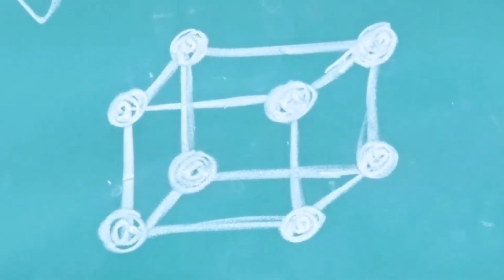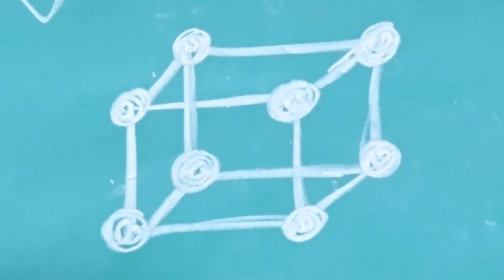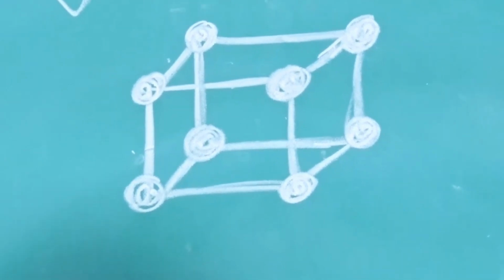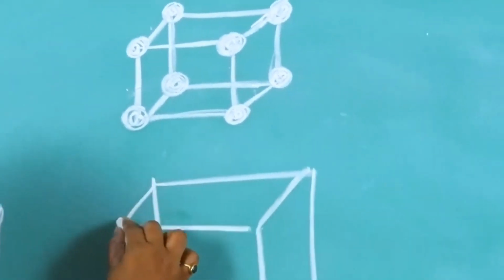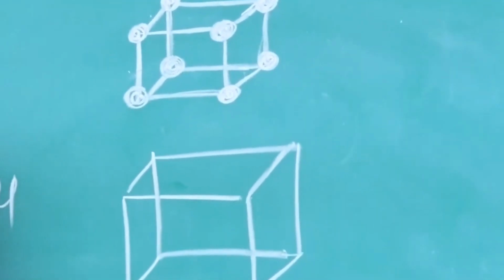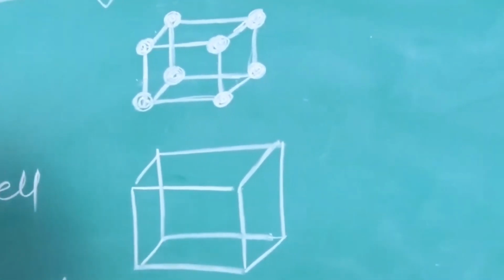And next, body centered unit cell. Now again I am taking a cube. All edges equal or not? Not equal, you adjust. This is a cube only.